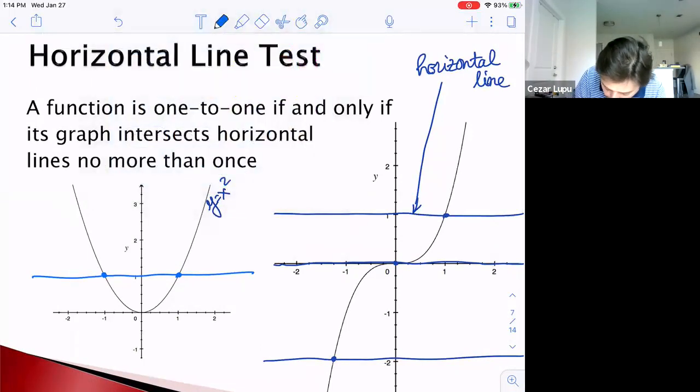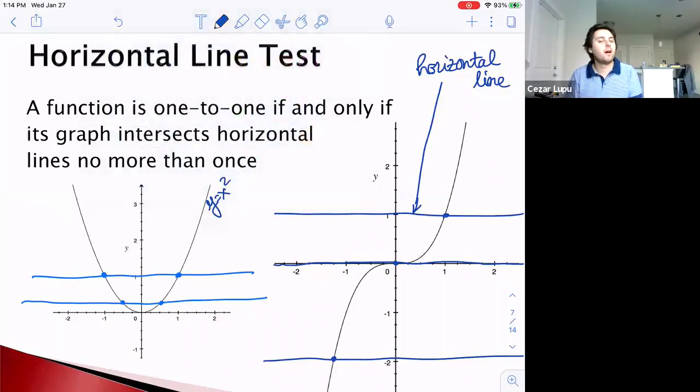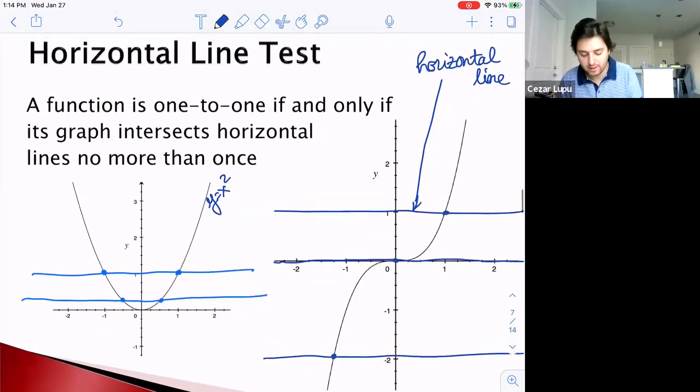For example, you can take one here. It intersects in 2 points again. So you have plenty of reasons to believe that f of x equals x squared is not one-to-one. It intersects in at least 2 points, so it's more than just once. That's the horizontal line test.